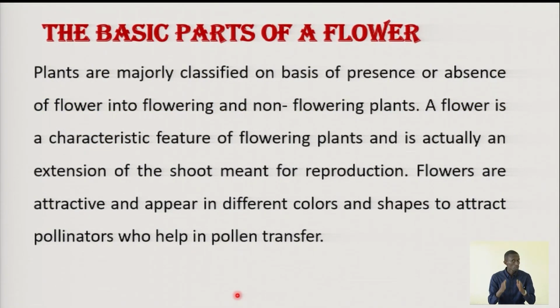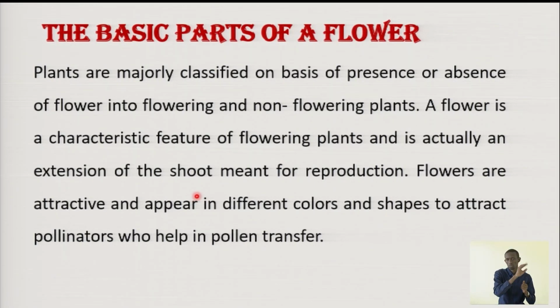Students, plants are classified on the basis of the presence of the flower as flowering plants and non-flowering plants. That means flowering plants have flowers, non-flowering plants don't have flowers. And a flower is a characteristic feature of flowering plants and is actually an extension of the shoot.